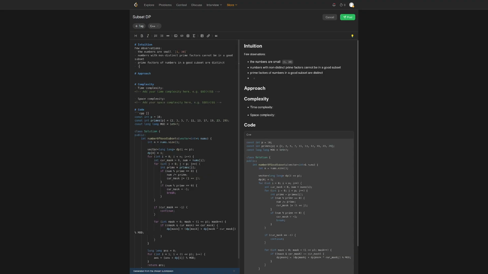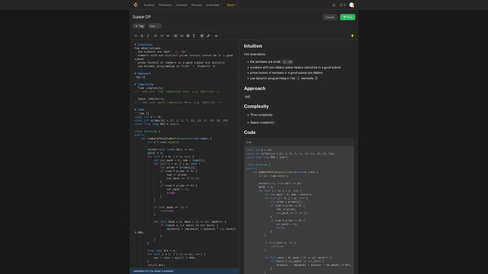Approach. Use dynamic programming on first iterance. Approach.